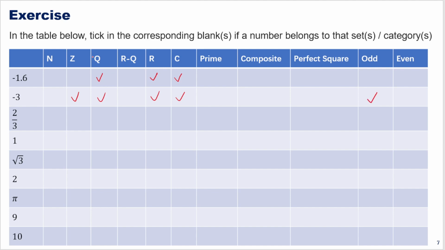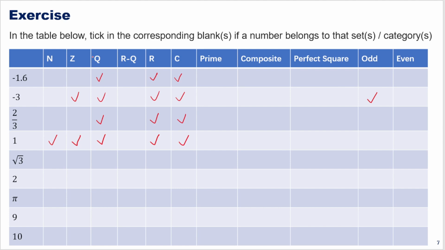Next one, it's a fraction. A fraction is a rational number, also a real number, which is also a complex number. Okay, next number is 1. 1 is a natural number, which is also an integer and also a rational number, real number, complex number.